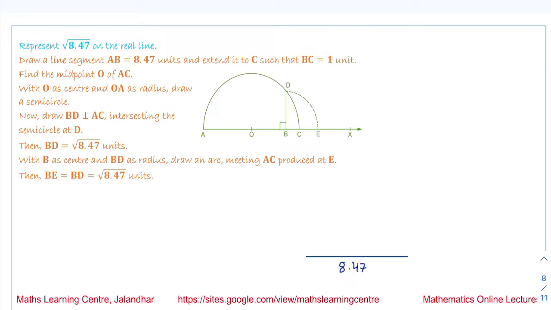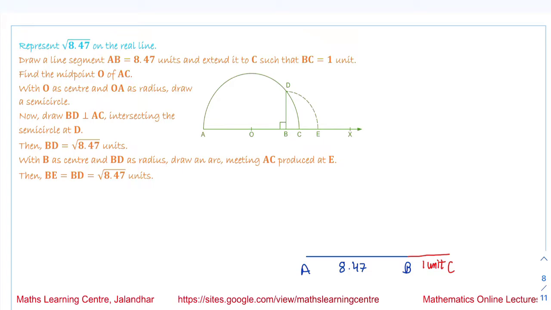Next we extend this line by 1 unit length. We are saying these points are A and B, and we have extended this line by a unit length to the point C.